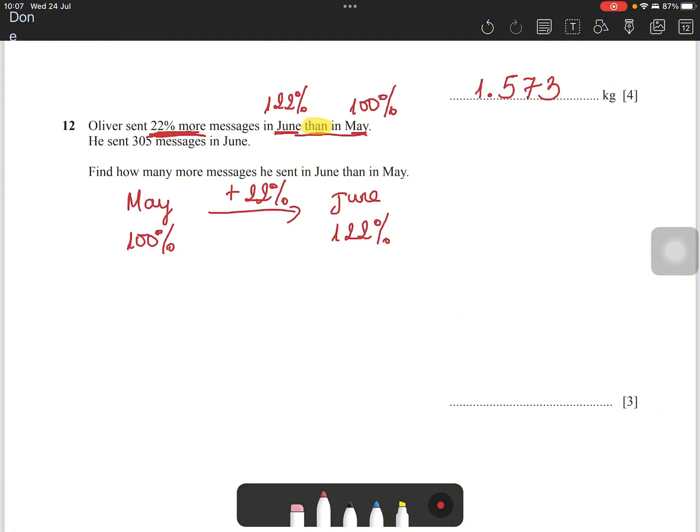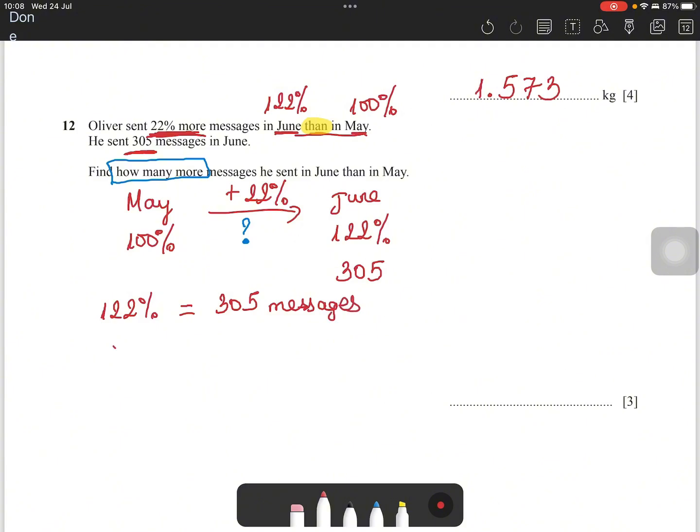Knowing that he sent 305 messages in June, we find out how many more messages he sent in June than in May, which means we want to know this 22% is how many messages. So we'll write down the ratio: 122% corresponds to 305 messages.